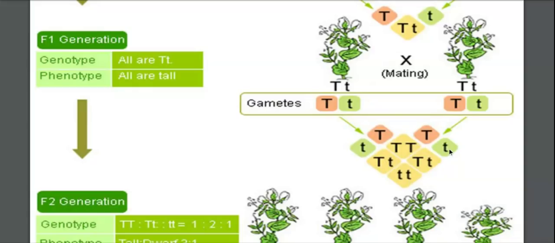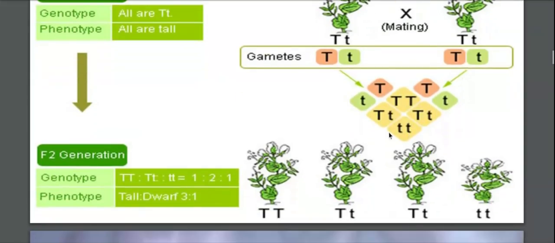Then to fill this, you'll have this t and this T, and to fill this block, you have this t again and this t coming from here. So you can see you get four different individuals or four combinations possible.